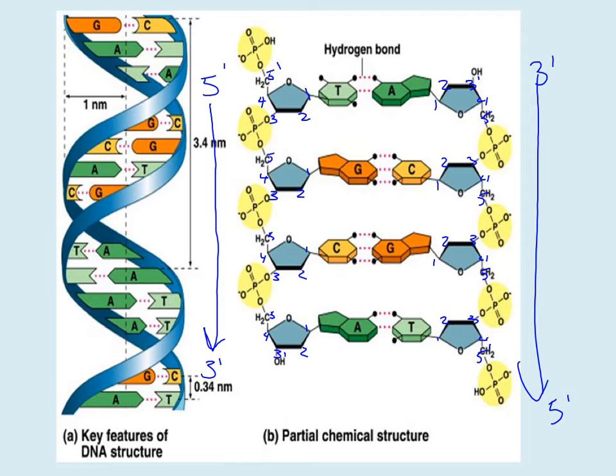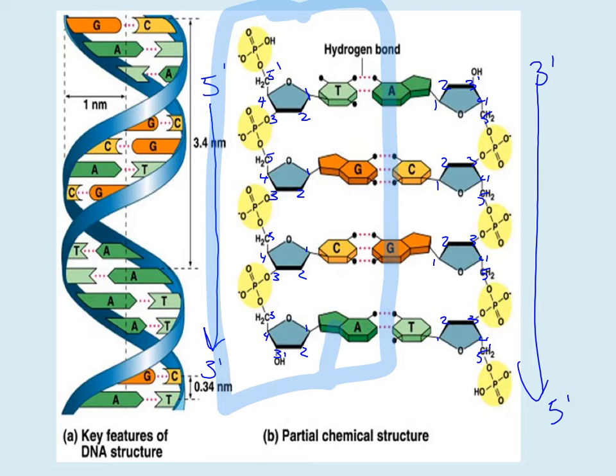All right, the other thing I wanted to mention on this is the idea that DNA runs anti-parallel. And what I mean by anti-parallel is there is one strand going one direction. Let me just highlight. This is one strand of DNA, and then I have my other strand of DNA on the other side.